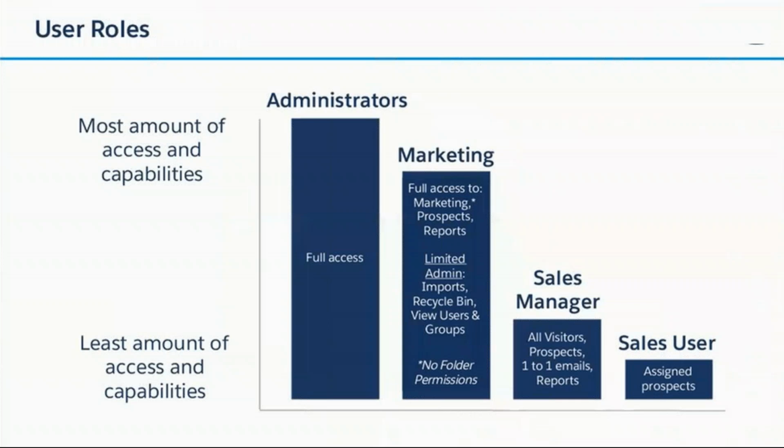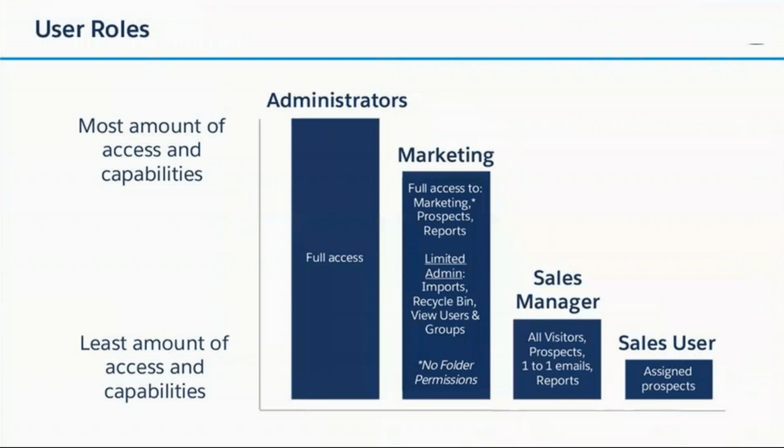The third one is sales manager. The sales manager can view all visitors and prospects and send one-to-one email as well. The sales manager can view reports, and they can export the data as well through CSV export. The last one is sales user.